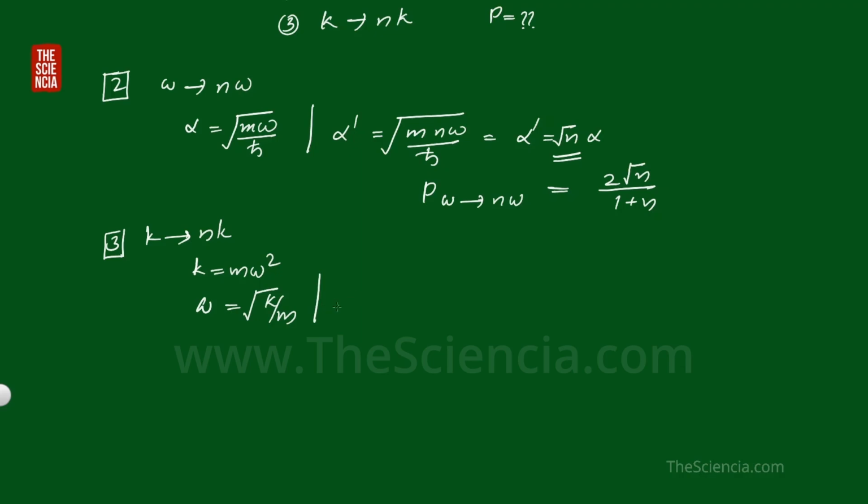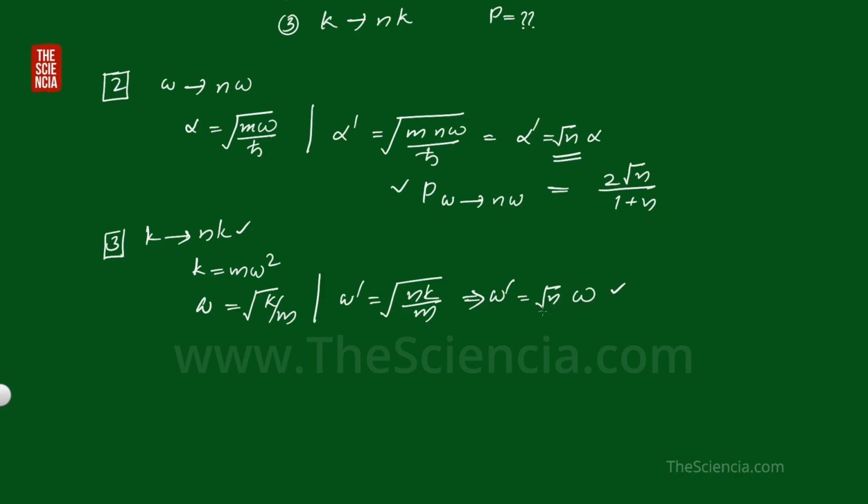And here k is changing from k to nk, that is omega prime is equal to root of nk by m, that is omega prime is equal to root n omega. So when k changes to nk, it is similar to omega changing to root n omega.